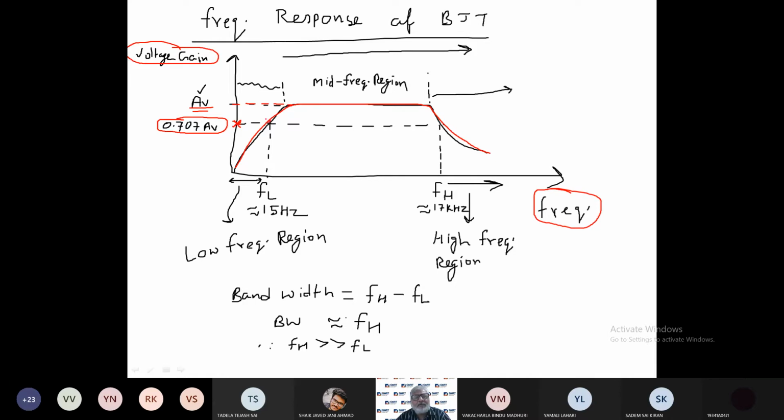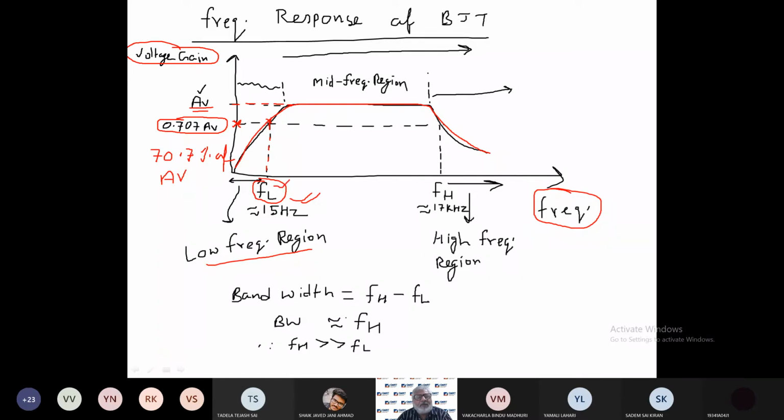So at this point, what is the frequency? This frequency is denoted as FL, low frequency. So at FL, the voltage gain of the transistor has become 70.7% of maximum voltage gain. So that frequency point is denoted as FL.